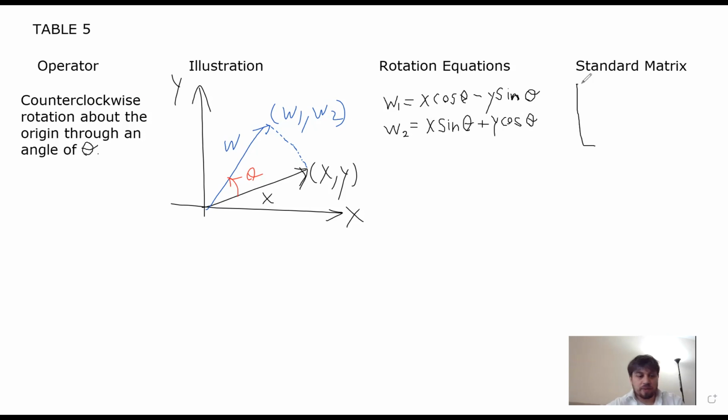Okay, and so the standard matrix there is just cosine theta, minus sine theta, and sine theta, cosine theta. If you take the vector x, y, and left multiply it by this, you end up with components w1 and w2 like that.